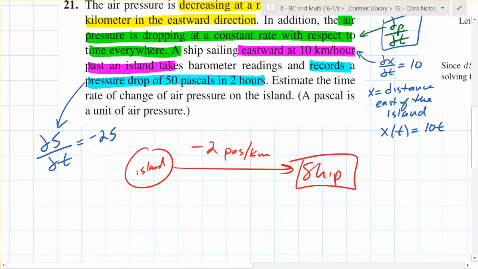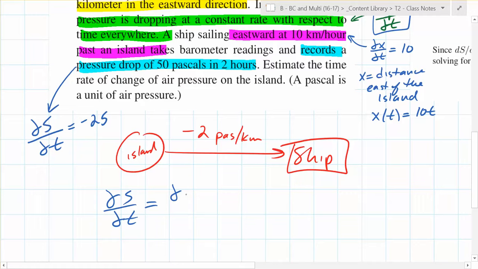So here's the thing. We need to now write an equation for partial s, partial t. What is that going to be? What goes into s? X and t, right? So it's going to be partial what times partial what. You can pick which one you want to go first.